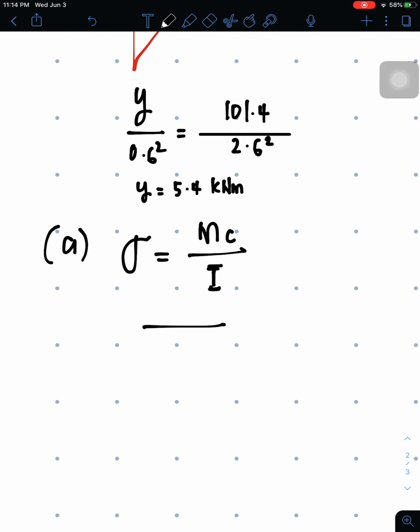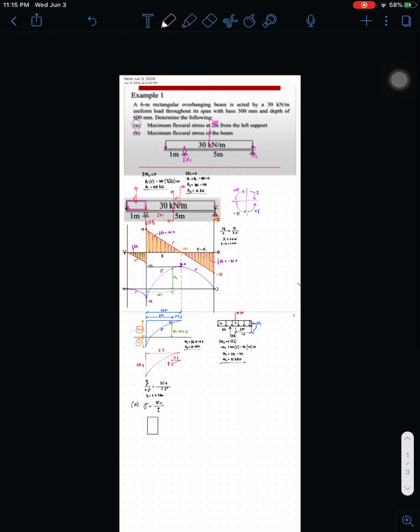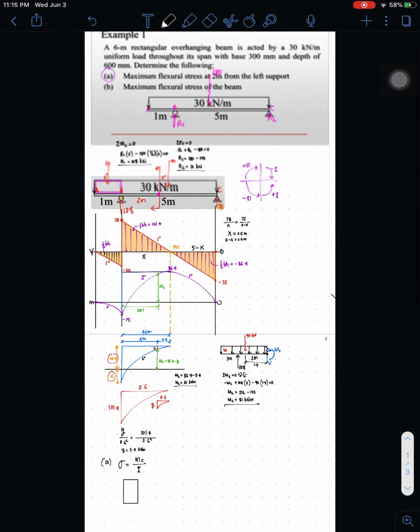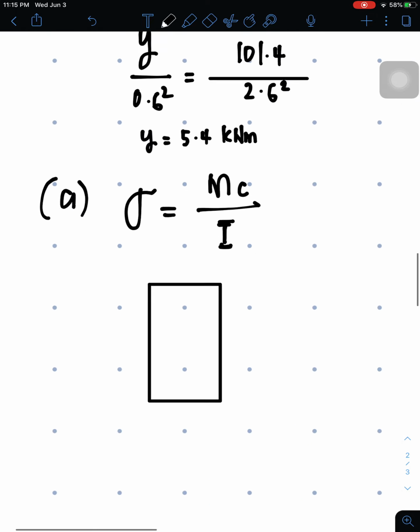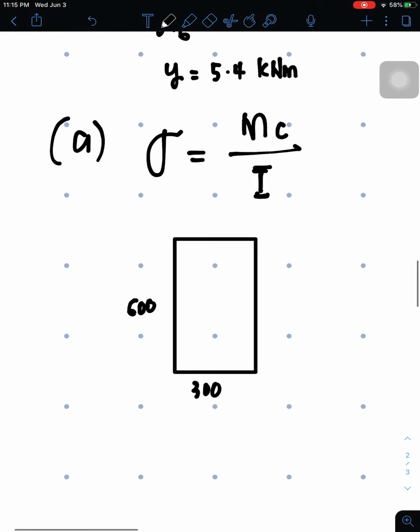So, remember that our section is a rectangle. Ingon ang problem nga rectangle siya. No? So, iyang base sa problem kay it's 300 and 600 iyang height. So, the base is 300, then iyang height is 600.